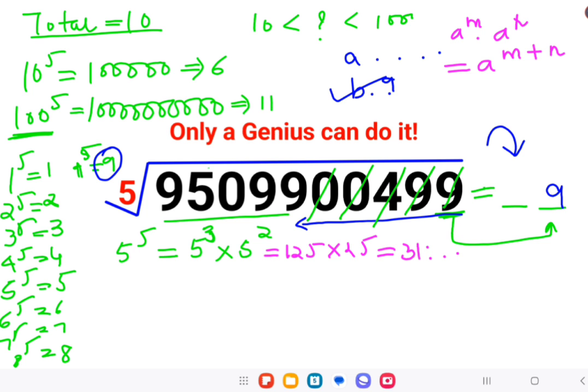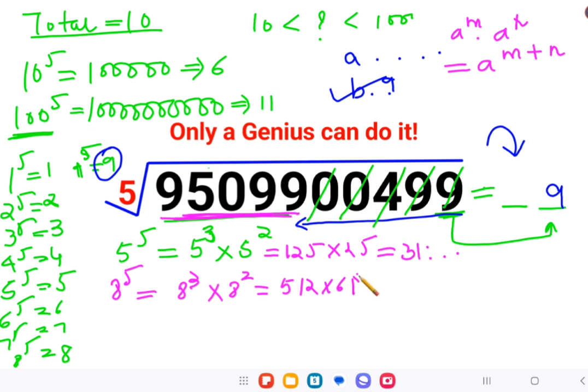Now please understand, your answer over here has to be less than the leftover number. We need to make sure that it doesn't exceed 95,099. Now 3125 is way less than 95,000. So let's talk about 8 raised to 5. We can split it as 8 cube into 8 square, so this is 512 into 64.